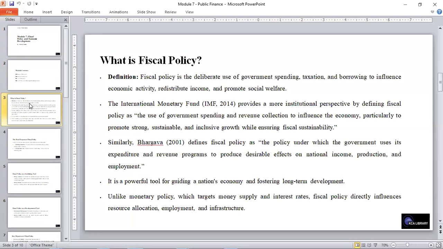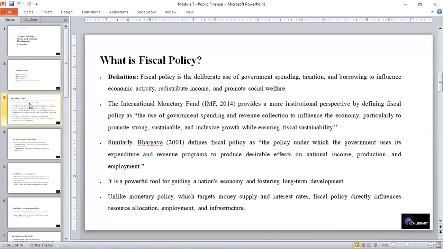And according to the International Monetary Fund, IMF, it provides a more institutional perspective by defining fiscal policy as the use of government spending and revenue collection to influence the economy, particularly to promote strong, sustainable, and inclusive growth while ensuring fiscal sustainability.